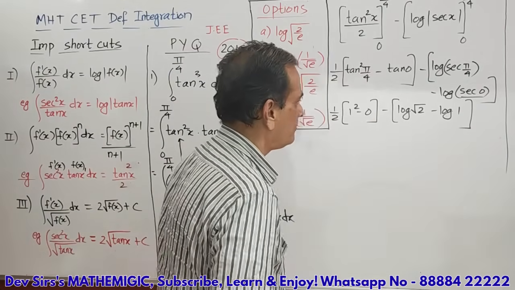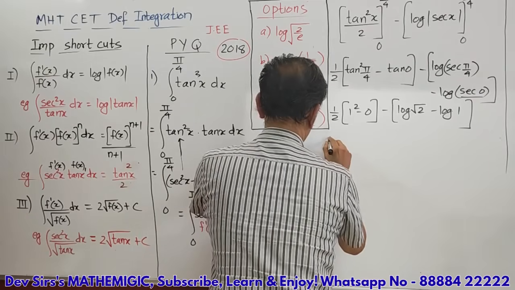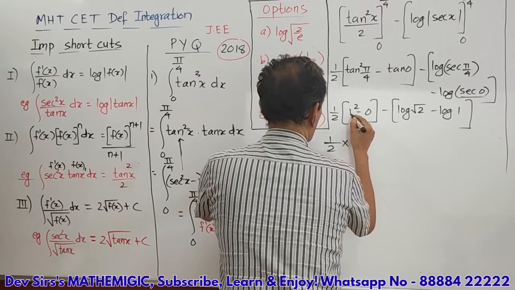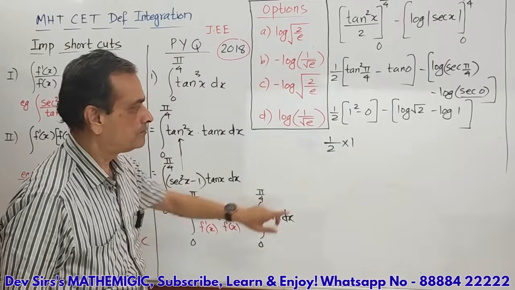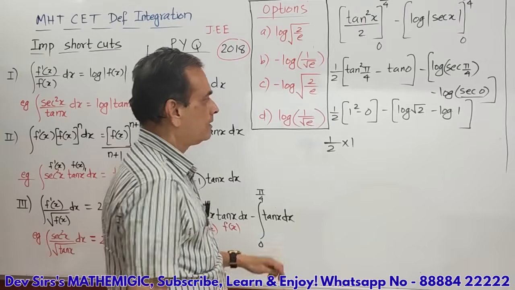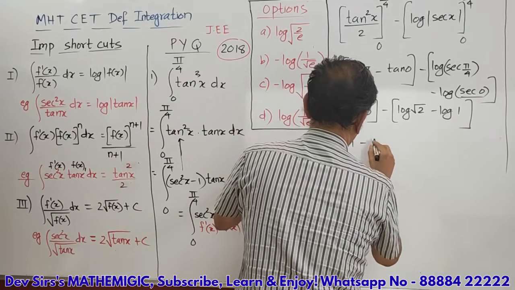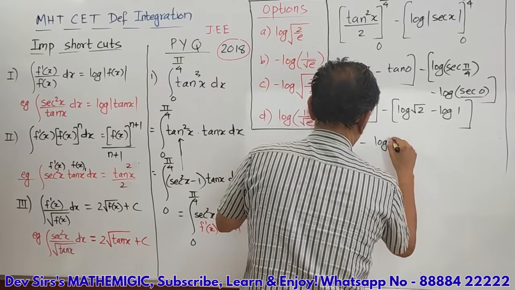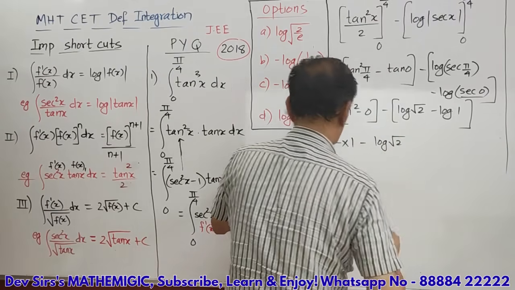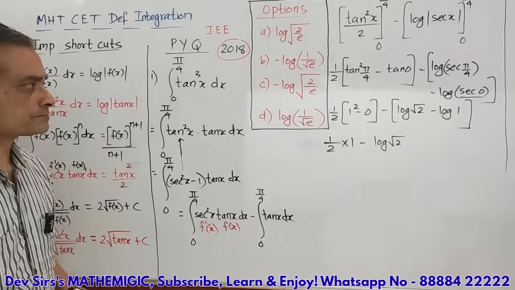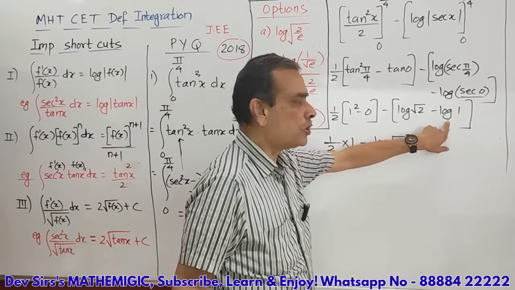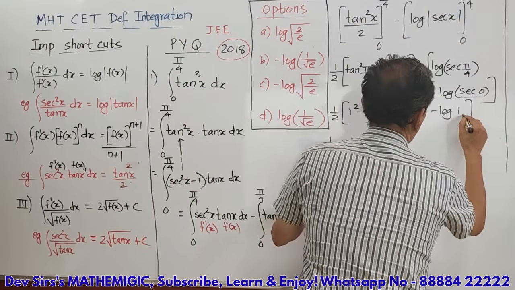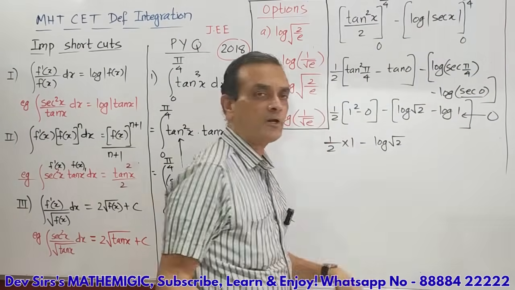Log of 1 is 0. यहाँ पे सिर्फ I am only writing 1, not writing 0. Okay. Log 1 is 0. Neglect that. Only this remains. Log 1 is 0. I'm not writing that.